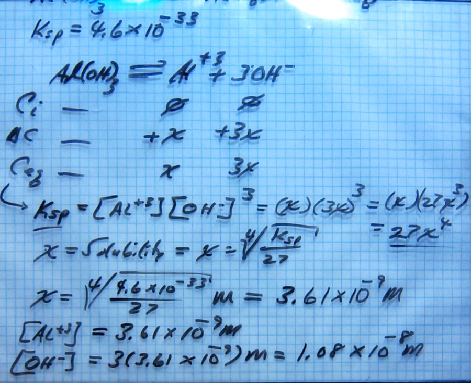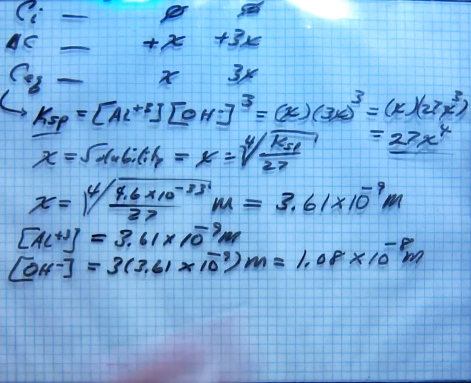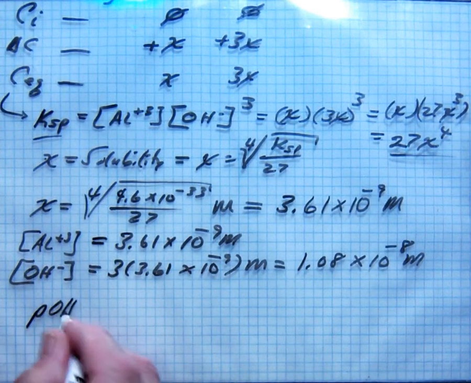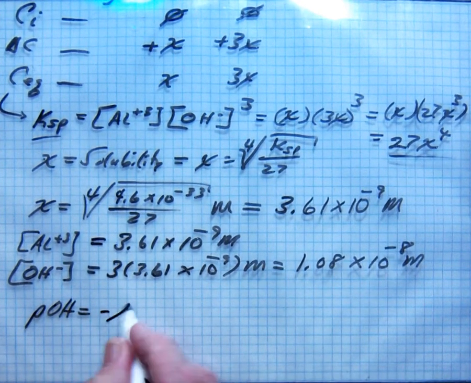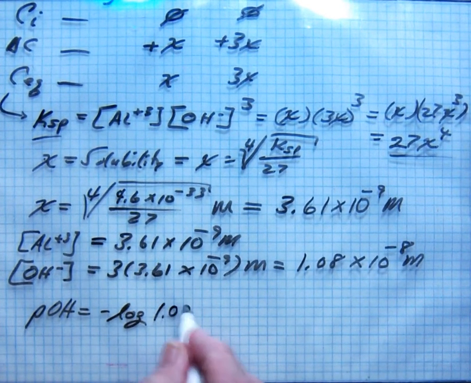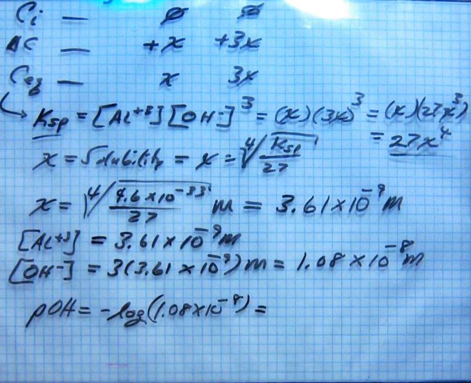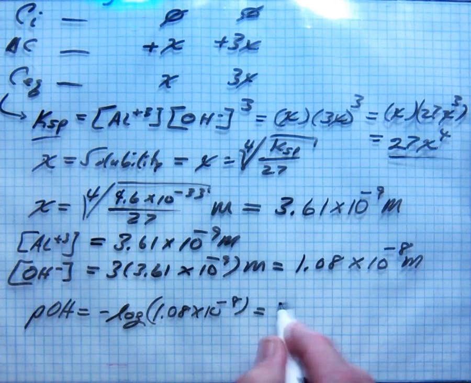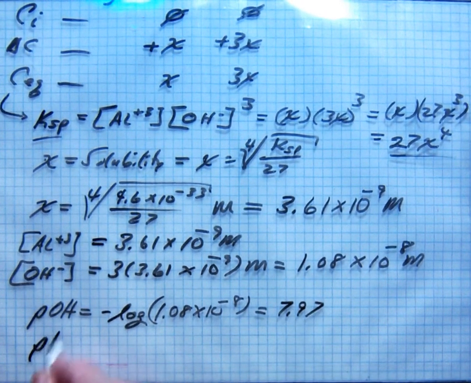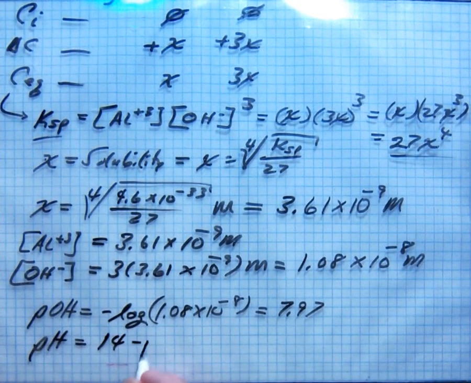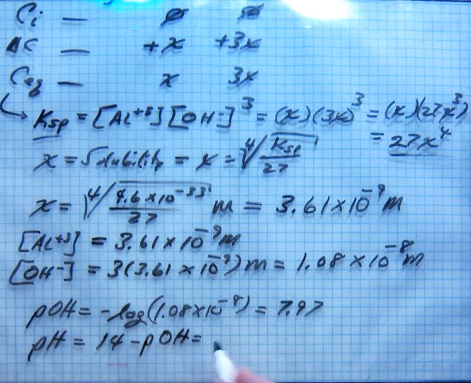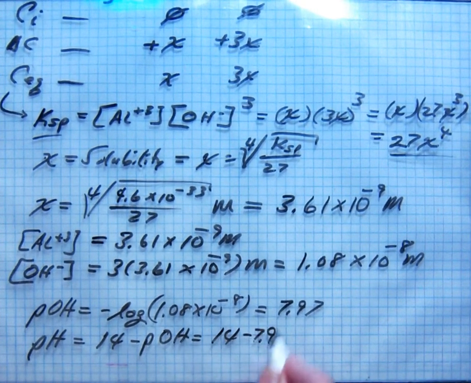So the pOH, just in passing here, is minus log of 1.08 times 10 to the minus 8, which you are all primed to do today, so we'll take the log of that. I get 7.97. And pH, of course, is 14 minus pOH. It's 14 minus 7.97.